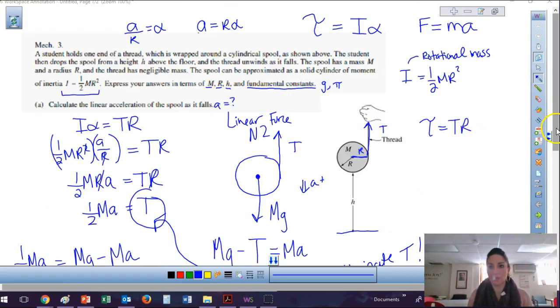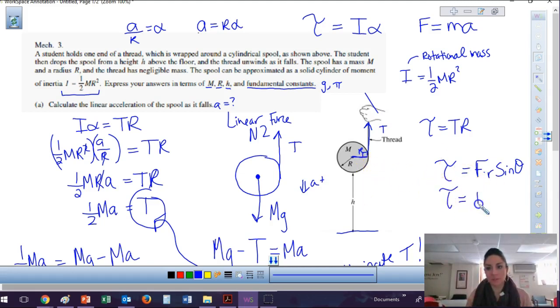So the biggest trick here is understanding that when you have this relationship, remember we can use two definitions of torque. The first definition of torque is force times distance times sine of the angle. I hope you notice that I even just skipped the sine part because this was at a right angle, so that dropped out. But torque can also be related like linear force in terms of the mass and the acceleration of the system.